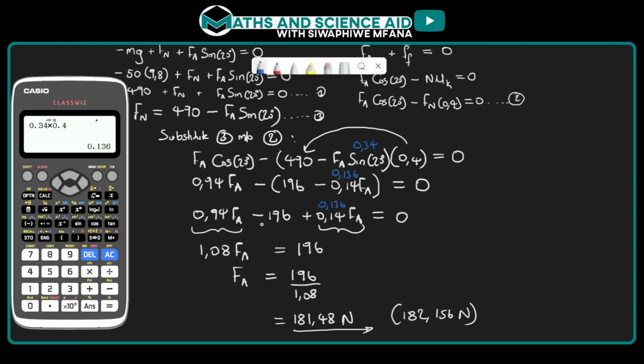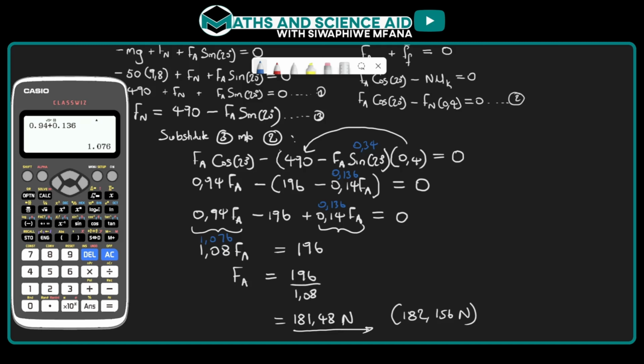And then the implication of this would be that when we are adding up these two, we would have 0,94 plus 0,136. And so then our term here would have been 1,076. So instead of just 1,08.